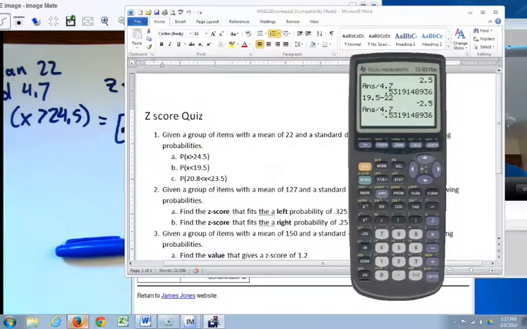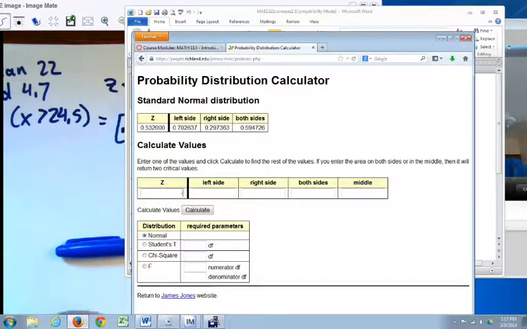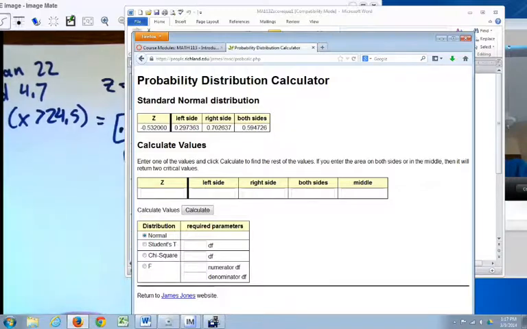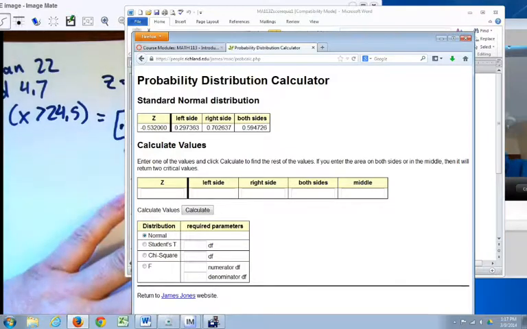So we need our probability distribution calculator. Negative 0.532, enter. And in this case, since it's less than, we're going to be going area to the left. Area to the left is going to be 0.29.